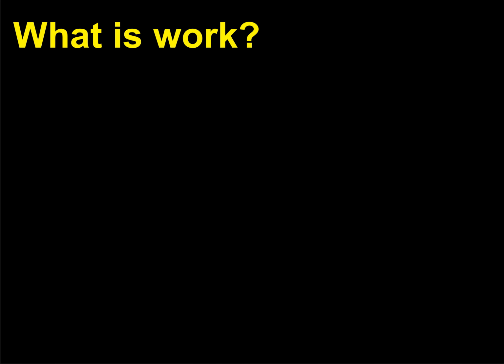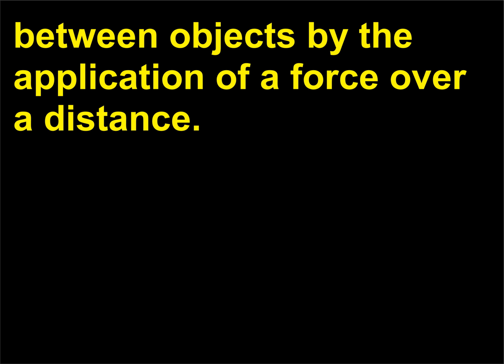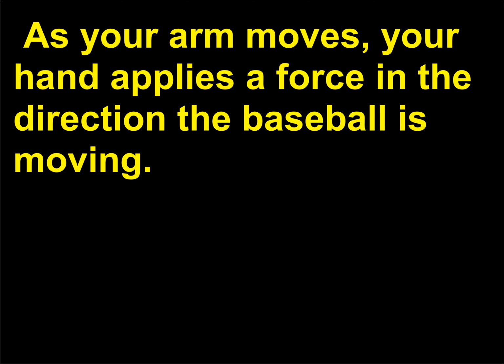What is work? Work is a name used in physics for processes that transfer energy between objects by the application of a force over a distance. Take throwing a baseball, for example. As your arm moves, your hand applies a force in the direction the baseball is moving.